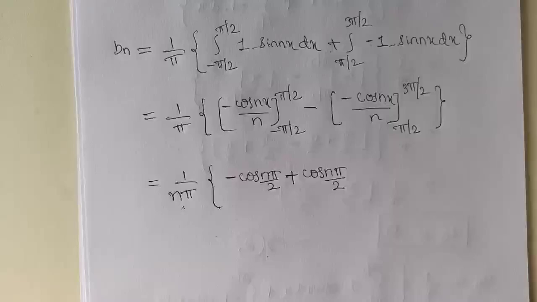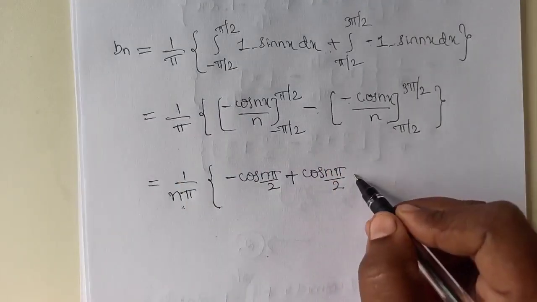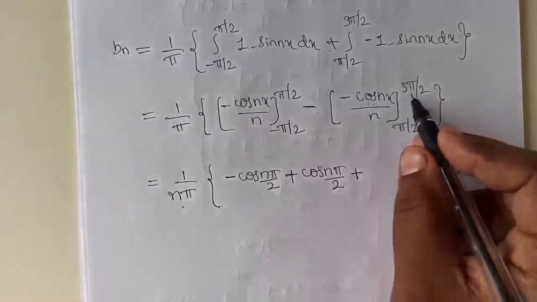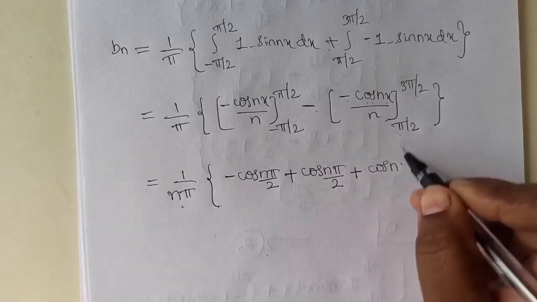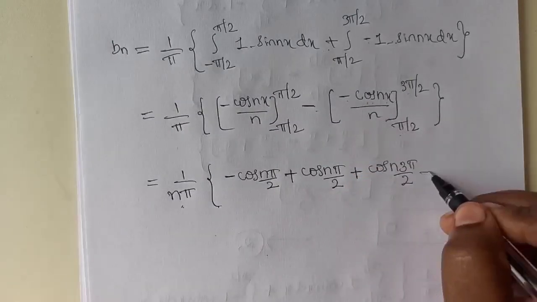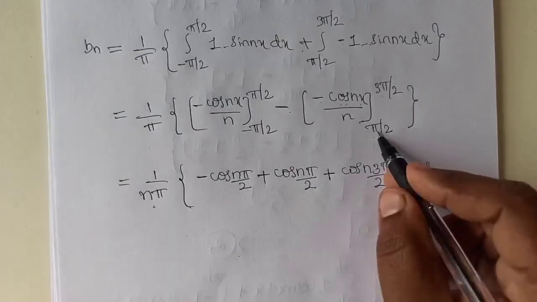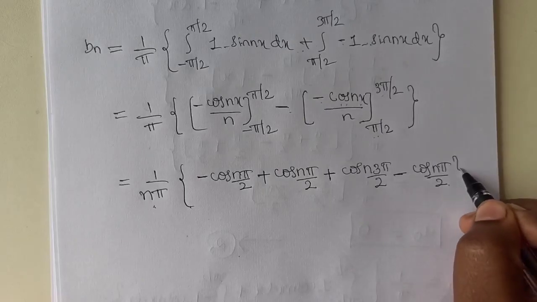So this is plus cos theta. Here minus into minus, we have plus cos n, first upper limit cos n 3 pi by 2, so minus lower limit cos n pi by 2.